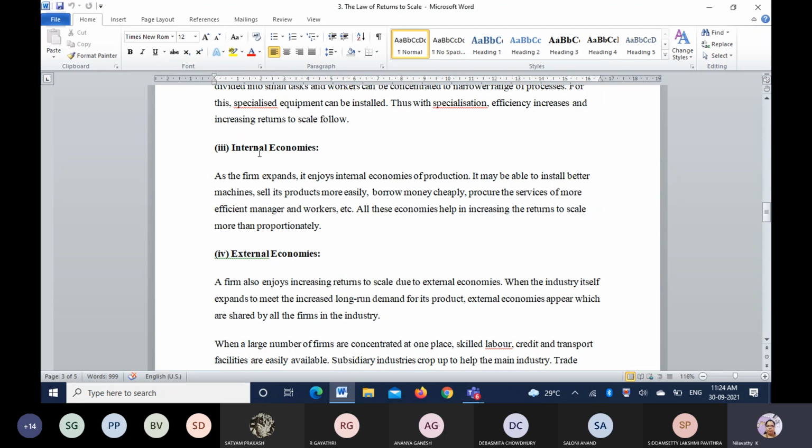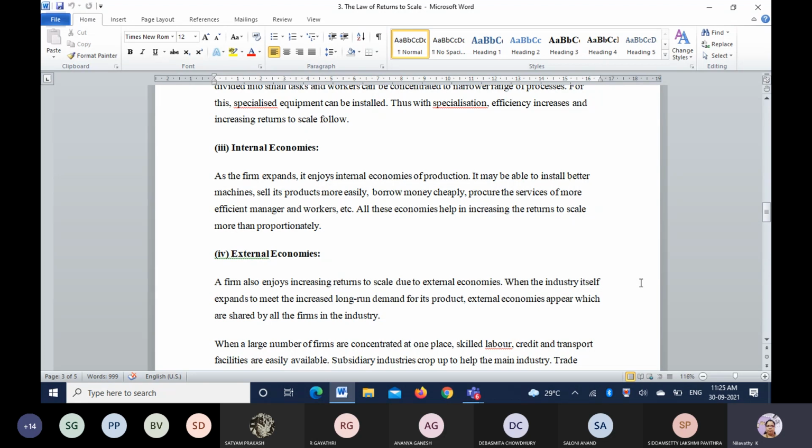But what are internal and external economies? Economies means advantages. Suppose there is an industry, and within that industry there will be some thousands of firms. So thousands of units will be within it.